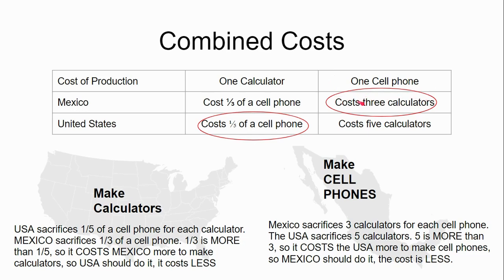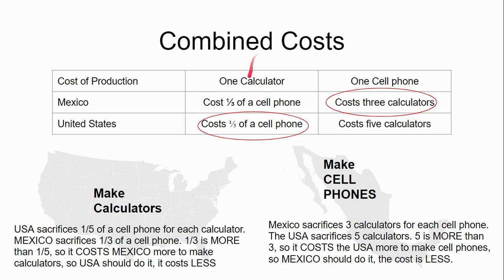It only costs them 3 calculators, and it costs the United States 5. And if you notice, these are inverses of each other, right? 3 and 1/3 are opposites. 3 is the same as 3 over 1, so the inverse is 1 over 3. 5 is the same as 5 over 1, and the inverse is 1 over 5. So the opportunity cost is just the inverse. But if that's too complicated, don't worry about it.